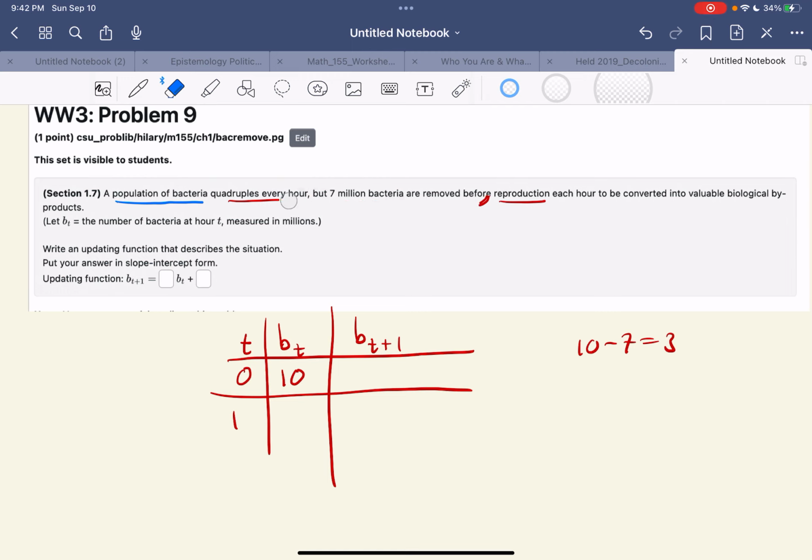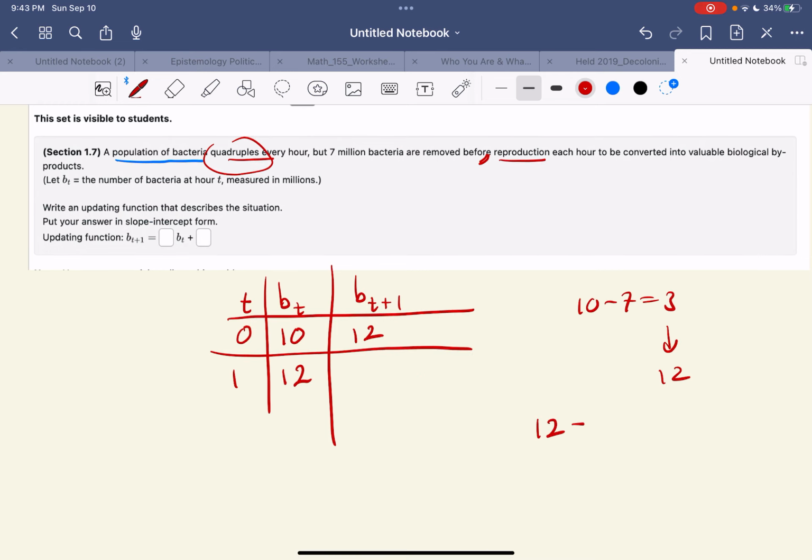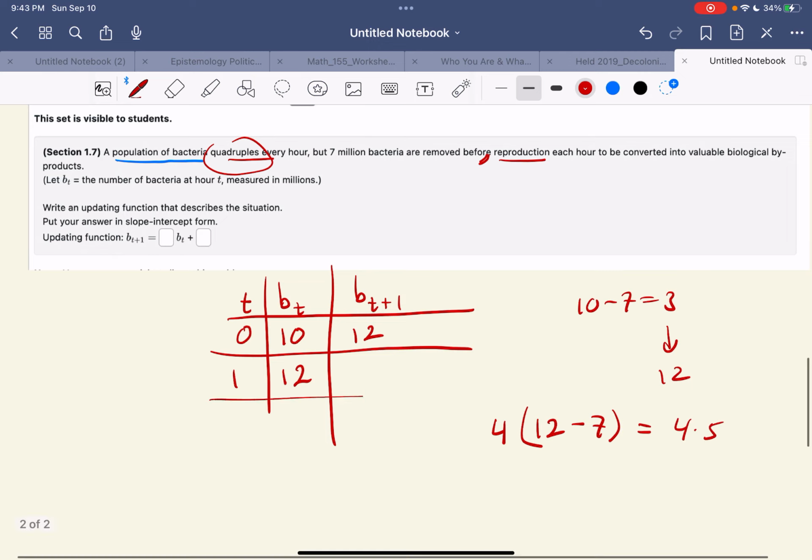Then we quadruple, so that 3 becomes a 12. So 1 hour later, we have 12 million bacteria. Now with 12, we have to remove 7 million and then quadruple. That's 4 times 5, that's 20.